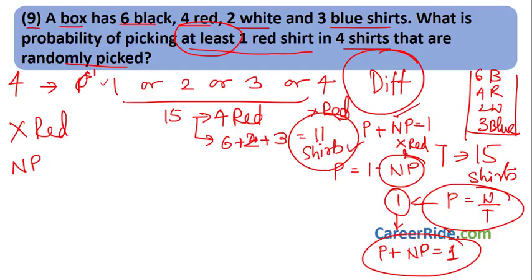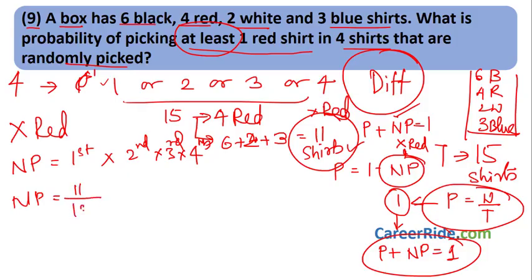If you choose any one of these shirts, it would not be red, right? So what is the probability of not choosing a red shirt, not choosing 4 red shirts? First I choose one shirt, then the second, then the third, then the fourth. It would be choosing the first non-red shirt: I have 11 choices divided by the total number of shirts, 15.